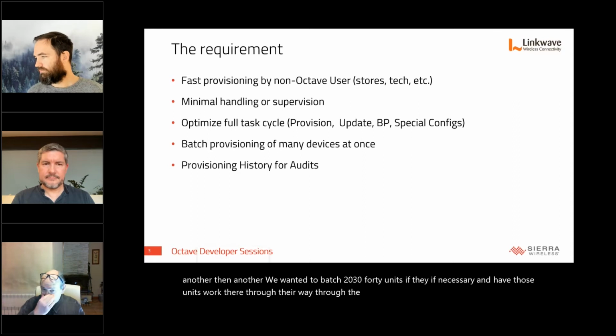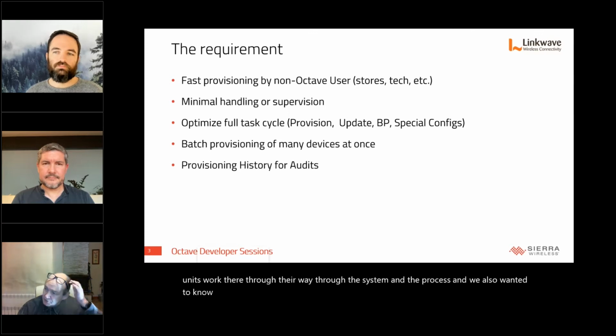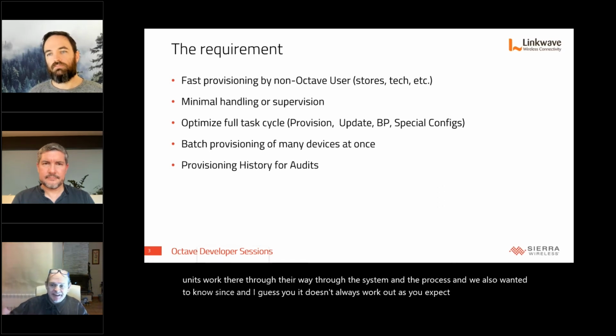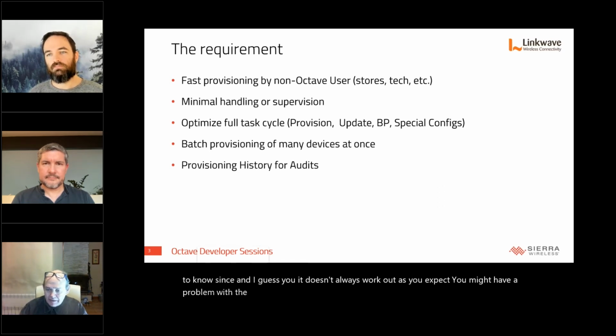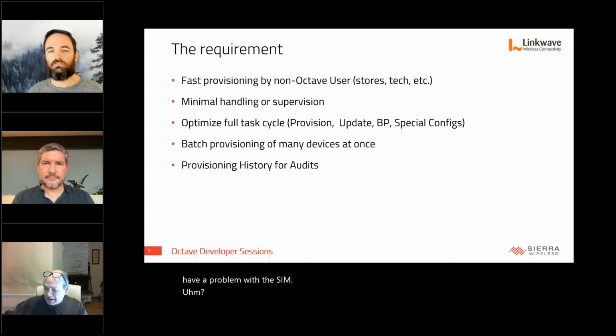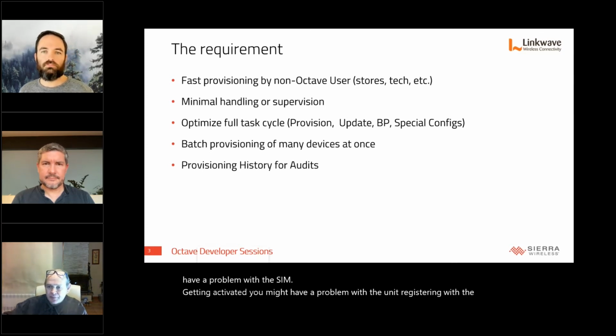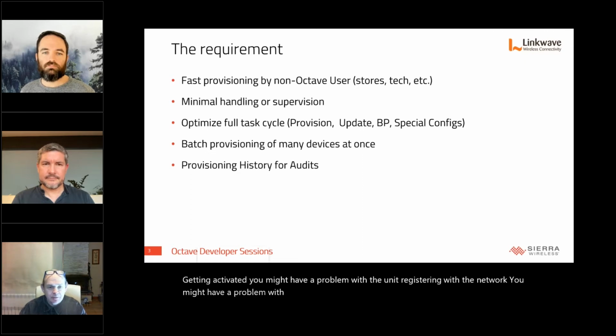And we also wanted to know, since, and I guess you all know, it doesn't always work out as you expect. You might have a problem with the SIM getting activated. You might have a problem with the unit registering with the network. You might have a problem with the update of the firmware.